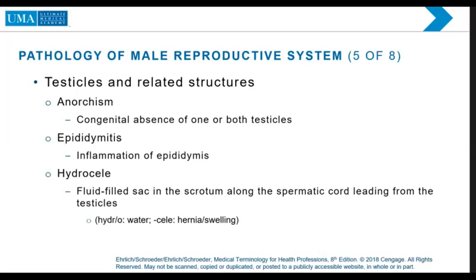And epididymitis is inflammation of the epididymis. Hydrocele is a fluid-filled sac in the scrotum along the spermatic cord leading from the testicles. You see here, hydro means water, and cele is hernia or swelling.